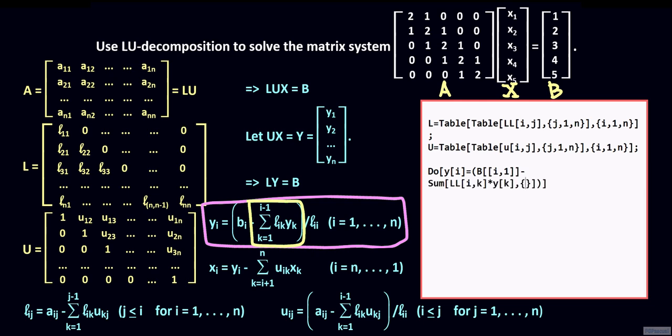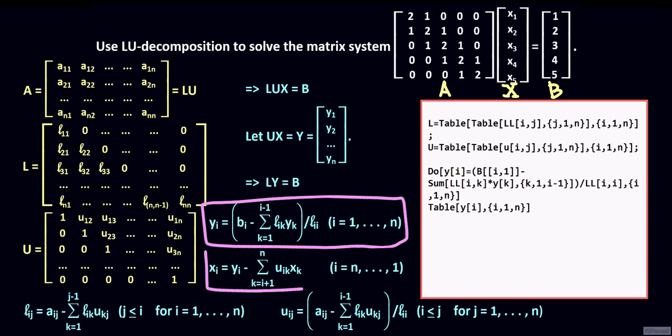The summation has k going from 1 to i minus 1. And then we divide by double L sub ii. For the do loop, i goes from 1 to n. To get an on-screen output of the y sub i's, we also type table y sub i going from 1 to n.